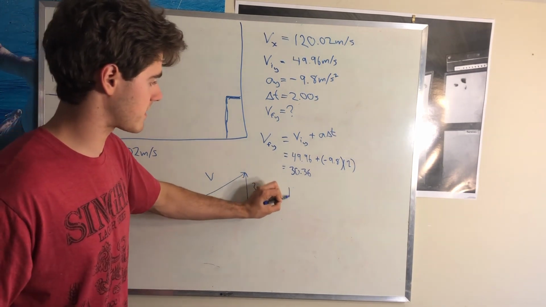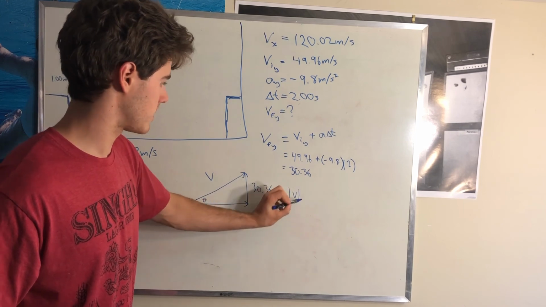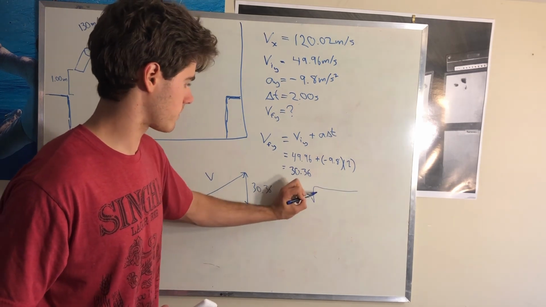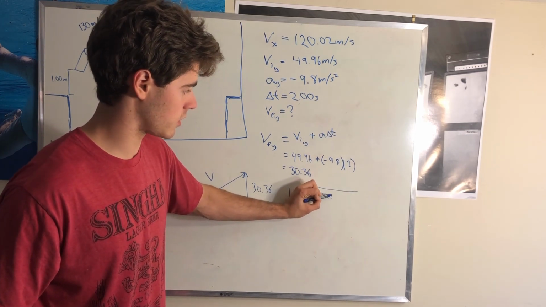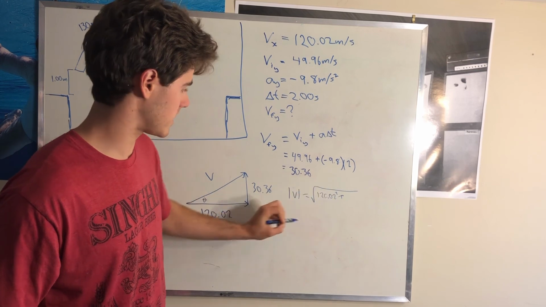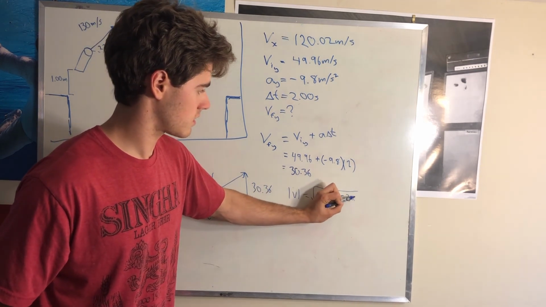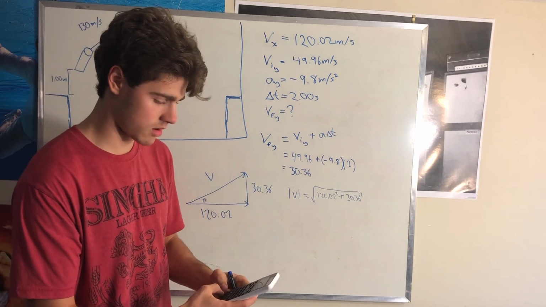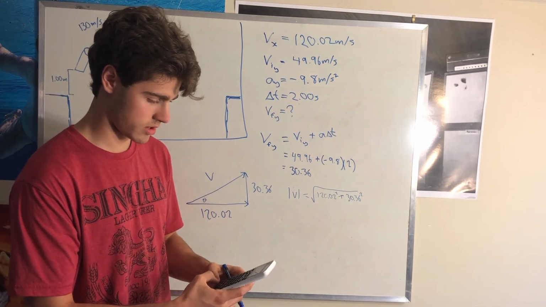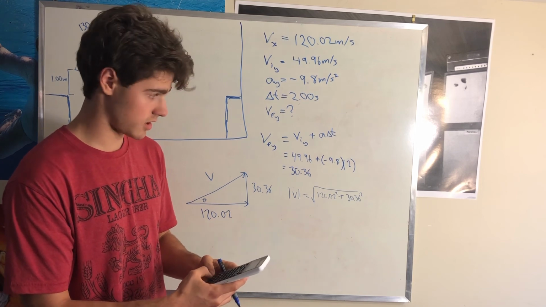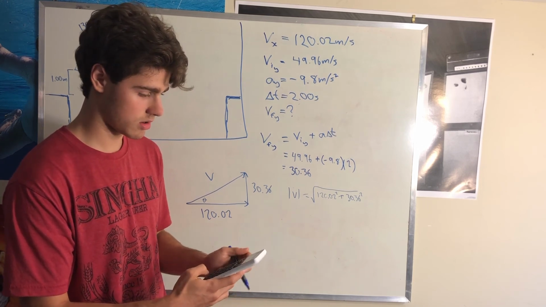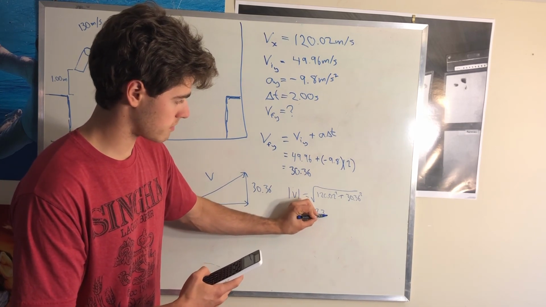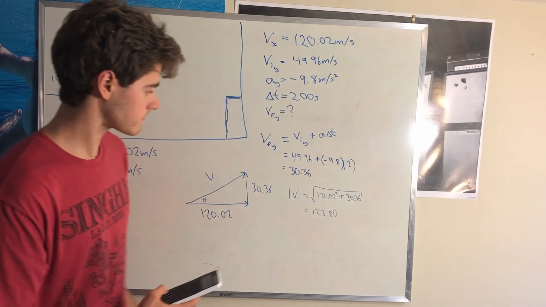So if we use the Pythagorean theorem, we can find the magnitude of our velocity by finding the square root of 120.02 squared plus 30.36 squared. I'll just plug it in right now. 120.02 squared plus 30.36 squared gives me 123.80.